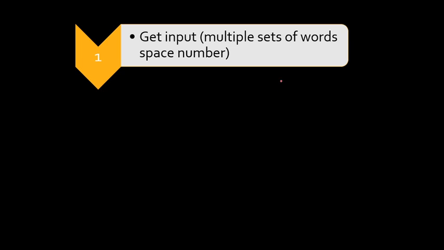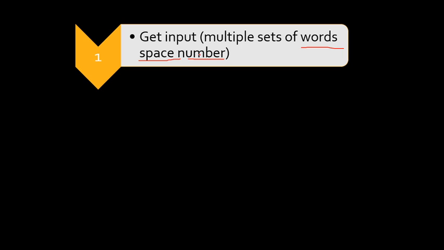Your input will be in what format? You will have a word followed by space followed by a number, right? So first step, get the input. After getting the input, what should you do? Don't start sorting right away, because your word will have uppercase and lowercase letters also, right? There is no assurance that you'll have only lowercase.